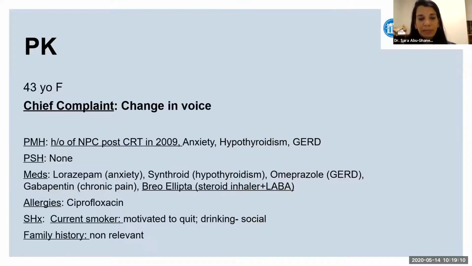So let's start with some cases to get us all started and excited about leukoplakia. So this is PK. She's a 43-year-old female that I saw in clinic, and her main complaint was change in voice. She has a very interesting history of nasopharyngeal carcinoma, and she got chemoradiation back in 2009.